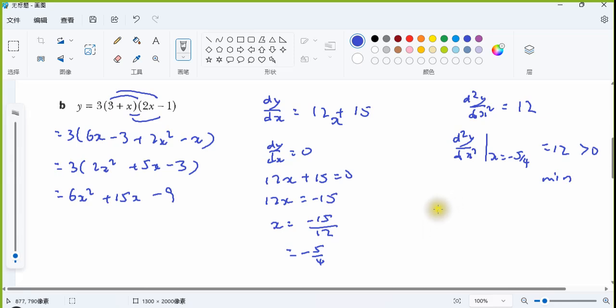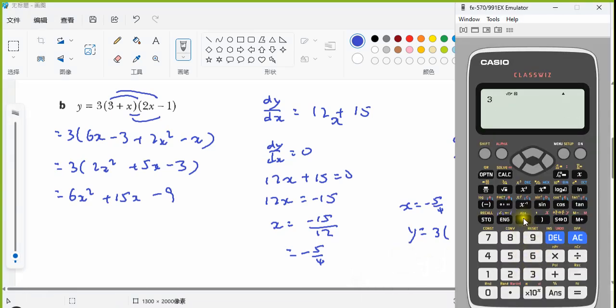Since it is a minimum point, when x is negative 5 over 4, y will be 3 times 3 plus x, times 2x minus 1. Calculating at negative 5 over 4, this will be negative 147 over 8.